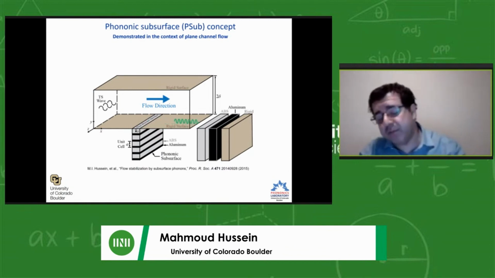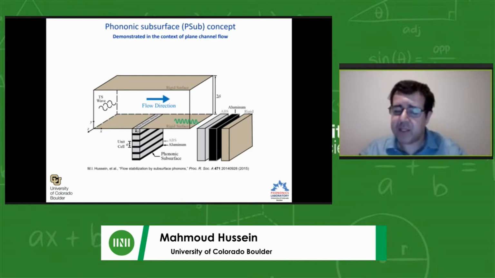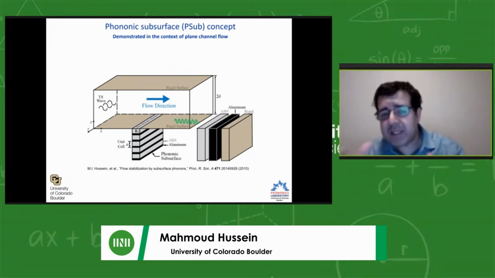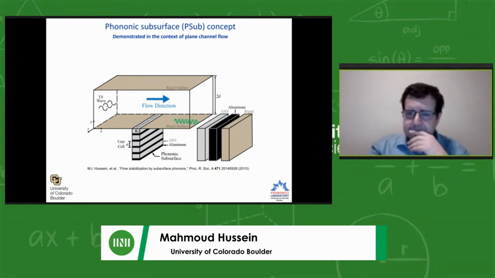And if we can have it return at a negative phase, then it will destructively interfere with the original incoming wave, and then you get a stabilization. The amplitude of the flow wave will get subdued, and this is all happening passively and in the steady state. I mean, the cartoon implies a transient scenario, but this is all happening in the steady state.